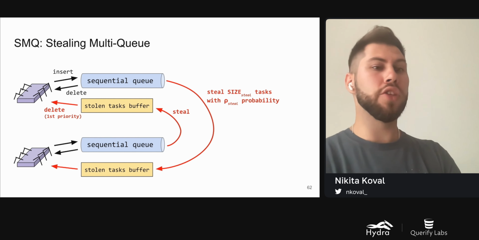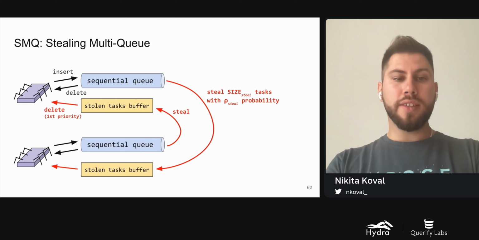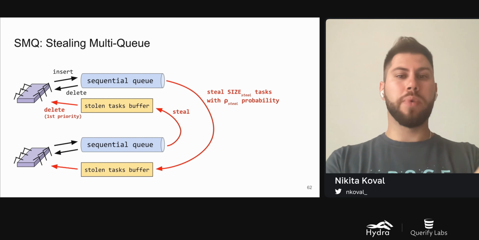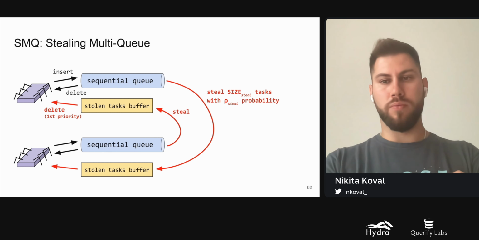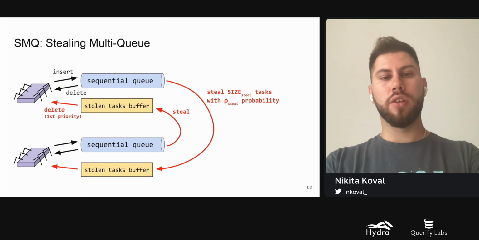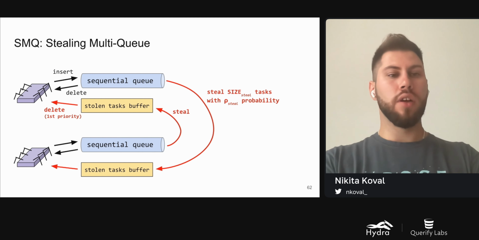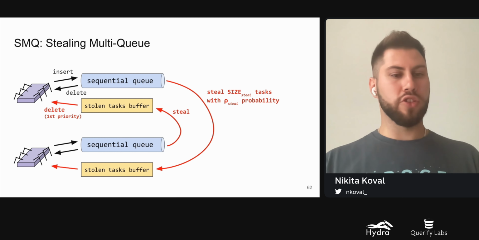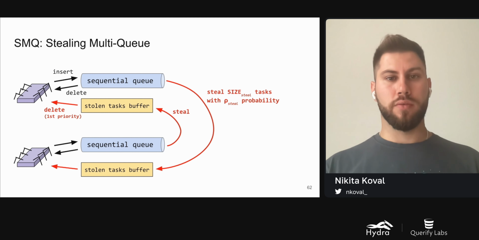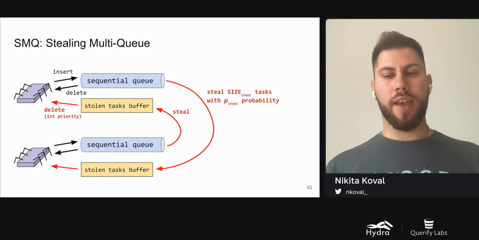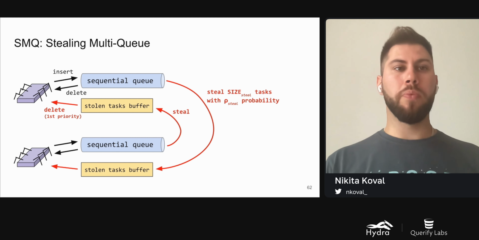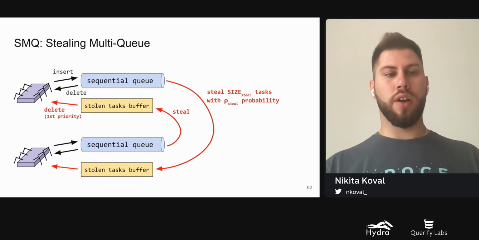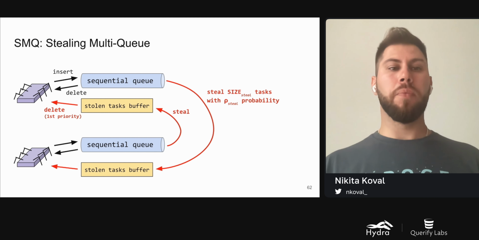But we do need to guarantee some fairness, right? Thus, with some probability, we go to another queue, and we steal multiple tasks, storing them in the stealing tasks buffer. And when we go to another queue to steal, we steal only if the top task of this other queue is better than ours.